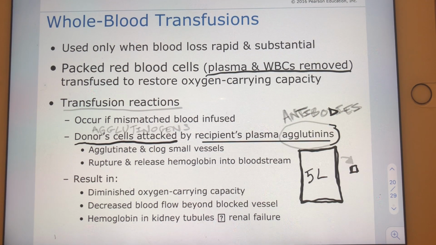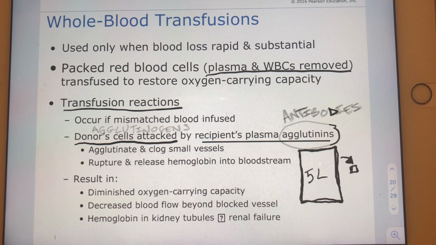So in the case of a transfusion reaction, it's always a case of the recipient attacking the donor's blood. Not inside the donor's body, it's already been removed from the donor's body, but the recipient attacking the donor's blood. All right? We don't worry about the donor attacking the recipient's blood because it's such a small contribution.